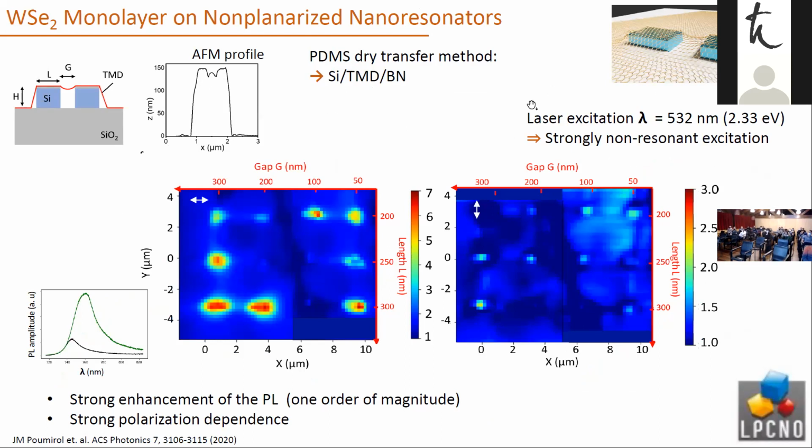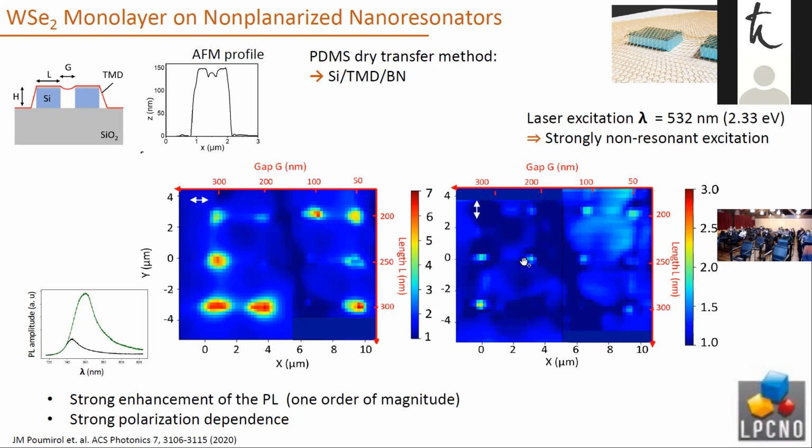We worked at a laser excitation of 532, so far from the exciton energy. So we excite electron-hole pairs at very high energy compared to the PL. And this is the integrated PL map for two polarizations: parallel to the long axis of the antennas and perpendicular to the long axis of the antenna.